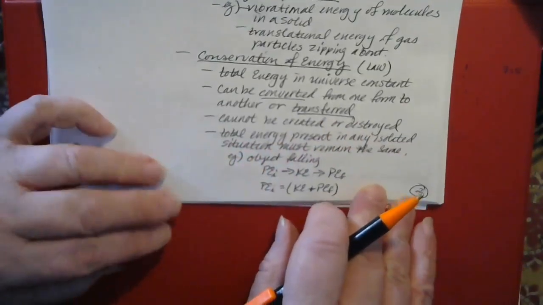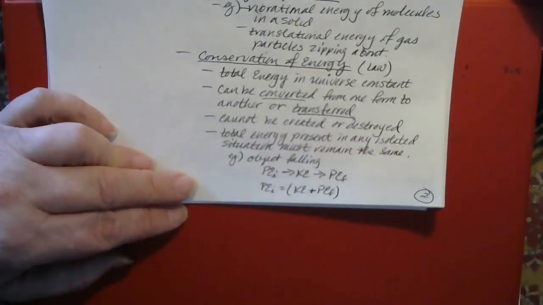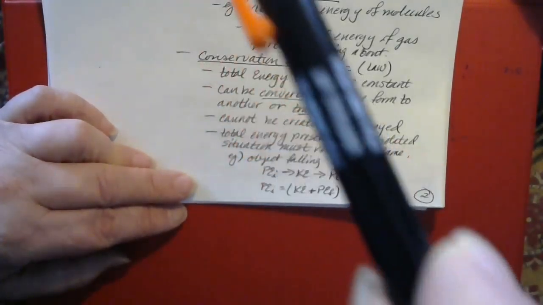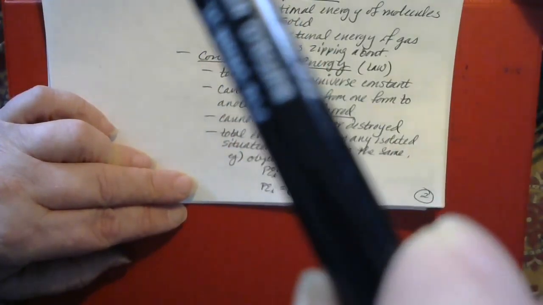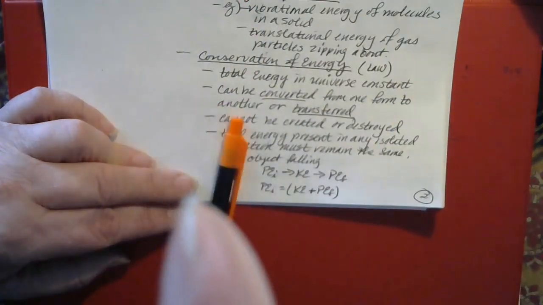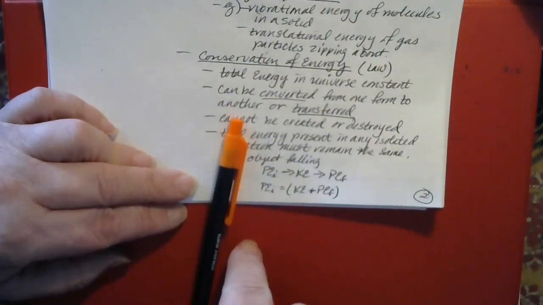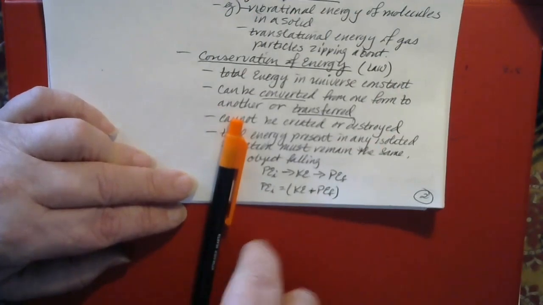If you think of an object falling, as I mentioned before, if I take this pen and put it up here right near the camera, it's as high as it can get for you to still be able to see it. And it has a certain potential energy related to its height above the ground. If I allow it to drop, it now has a lower potential energy than it did before.